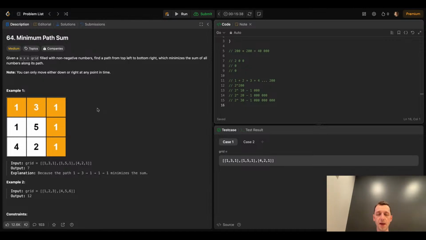What does dynamic programming mean? It is a technique of solving problems by breaking them down into smaller, more manageable subproblems. The goal is to find an optimal solution by combining the solutions to the subproblems.